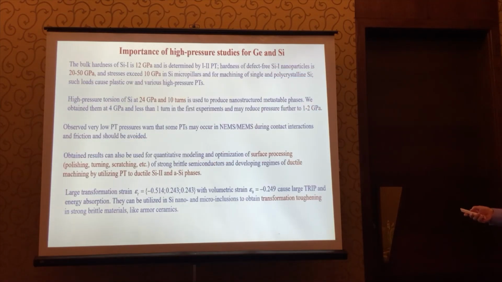For example, high-pressure torsion. Torsion is used at 24 GPa and 10 turns to produce some nanostructured metastable phases. We obtain them at 4 GPa and less than 1 turn, and I believe we can reduce pressure significantly.